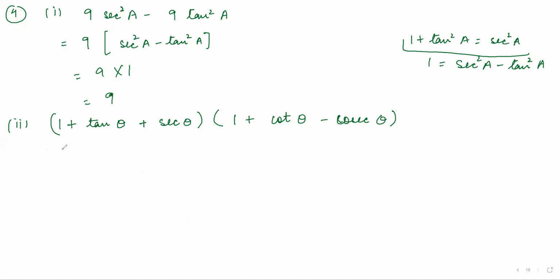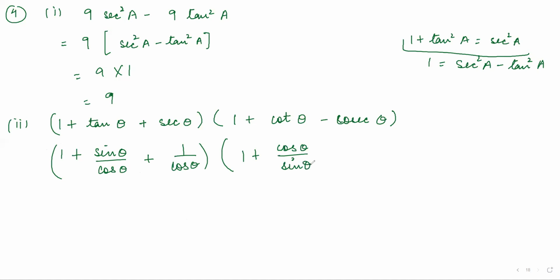So you can write 1 plus tan theta as sine theta divided by cos theta, plus sec theta, 1 upon cos theta, correct? Now 1 plus cot can be written as cos theta divided by sine theta, inverse of tan, minus 1 upon sine of theta. Now you can take LCM.